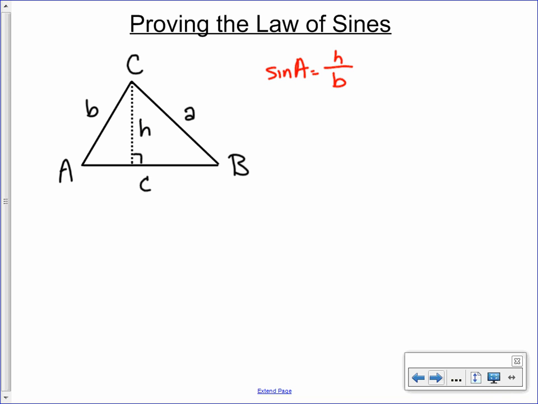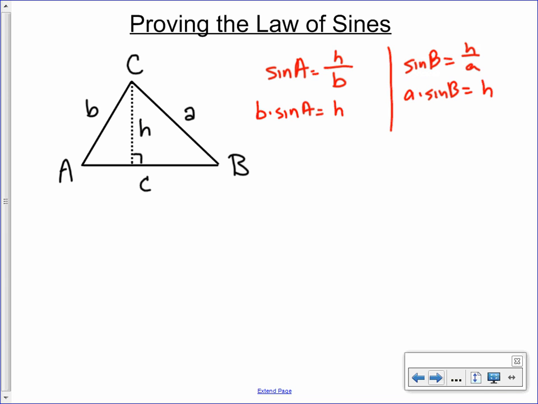So therefore, if you multiply by b, b times sine A is equal to the height from that point. At the same time, sine B is equal to the height over a, so a times sine B is equal to h.